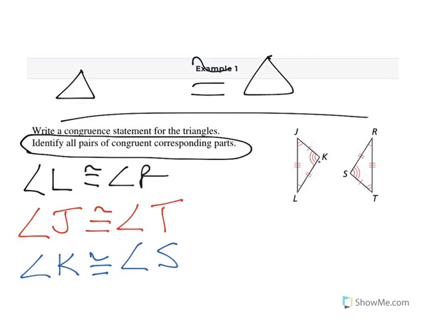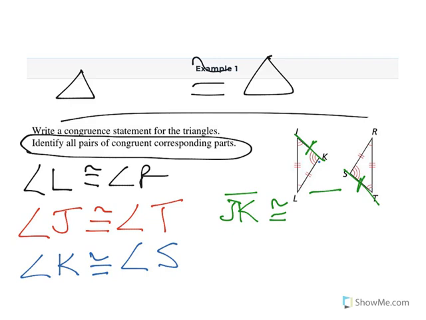Now we need to look at our sides, okay? So pick a side. Notice that JK has one mark and ST has one mark. So that would mean that JK is congruent to segment ST. Except that technically we need to put them in the same order.